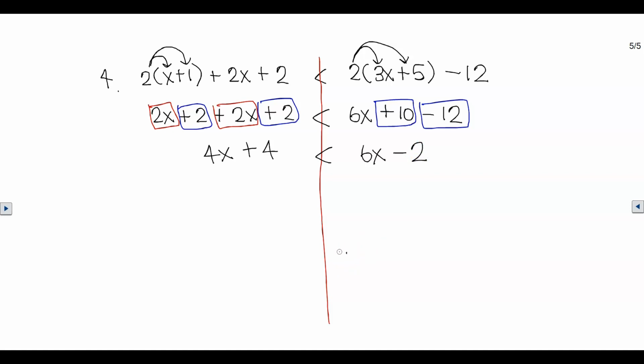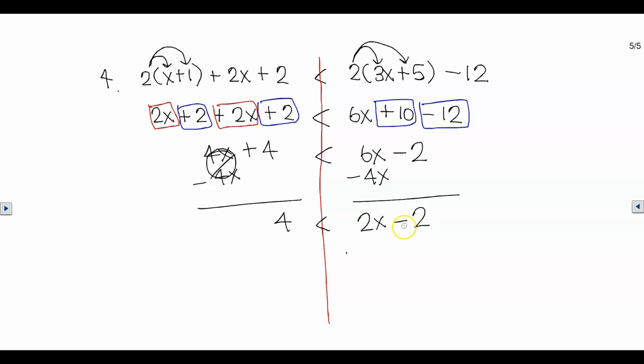Step 3. Can I cancel the smallest variable? And the answer is I should. I have 4x on one side, I have 6x on the other. So I'm going to cancel this 4x. So I'm going to do minus 4x on each side. So that gives me 4 is less than 2x minus 2.